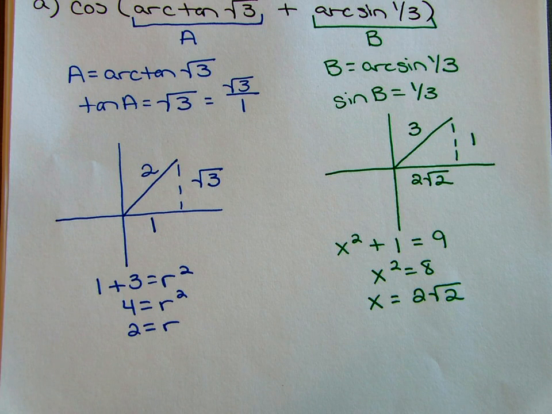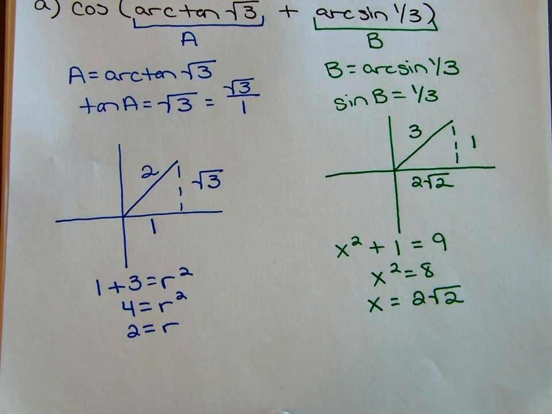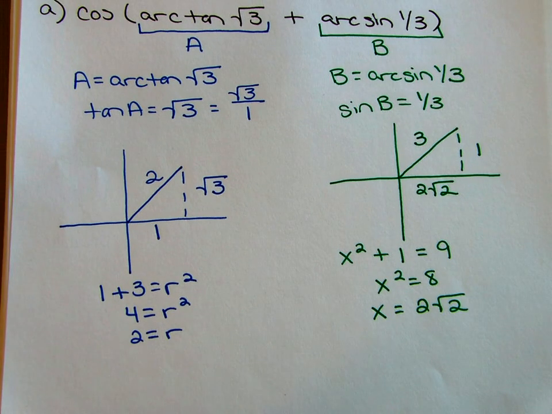And you're like, okay, so why in the world did we do all this? Well, what we did is we've made our triangles so that we have our reference information. Because what we're doing is finding cosine of A plus B. That's, in essence, what we're doing up here at the top.